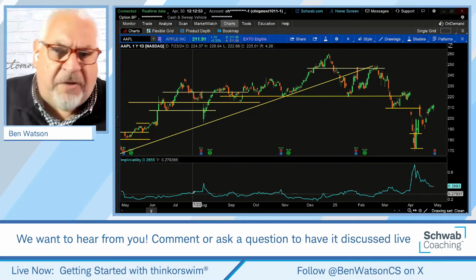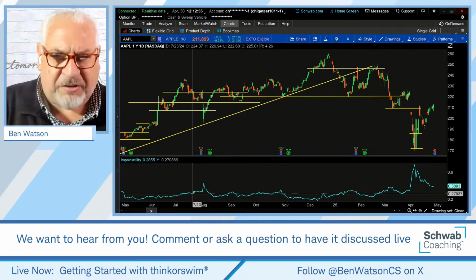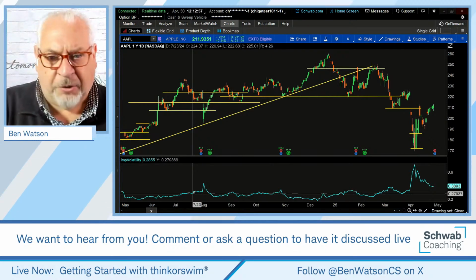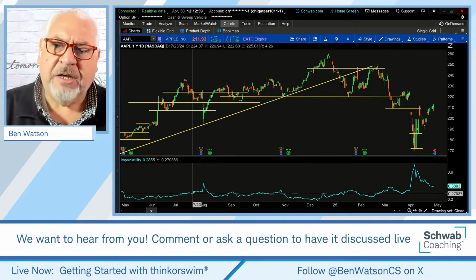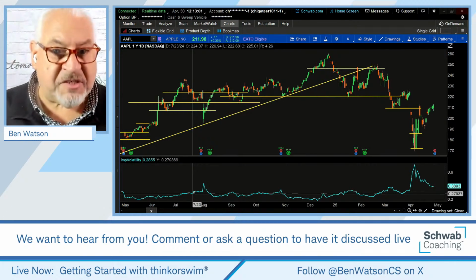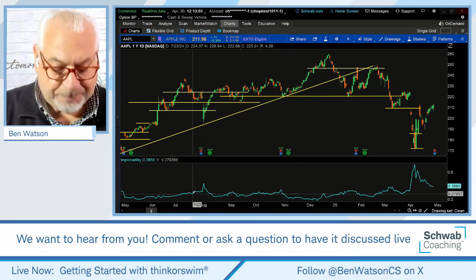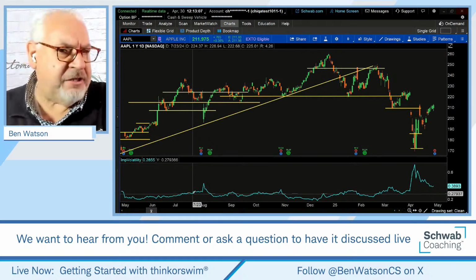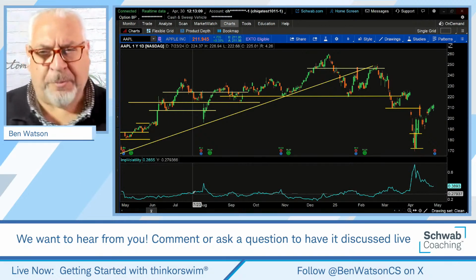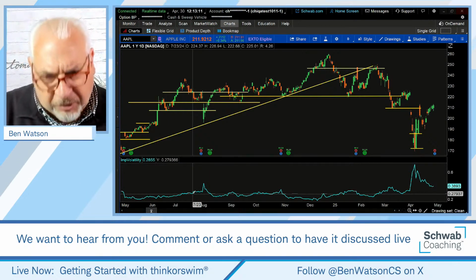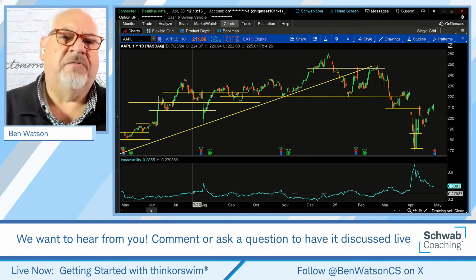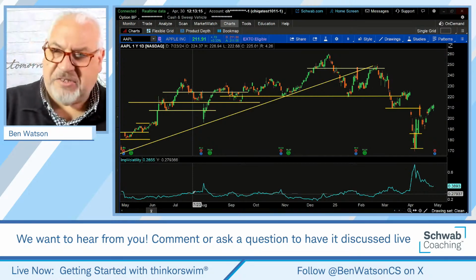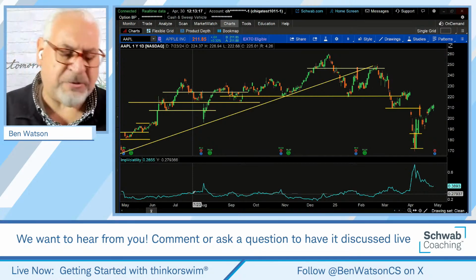The way that implied volatility moves, the way that implied volatility really goes up or goes down, is simple supply and demand. If there's more demand for an option, the market maker is going to widen their bid-ask spread, or they're going to move their bid-ask spread, and that increases that volatility, meaning it increases that option price or it decreases that option price.